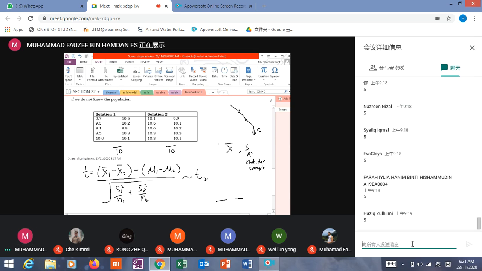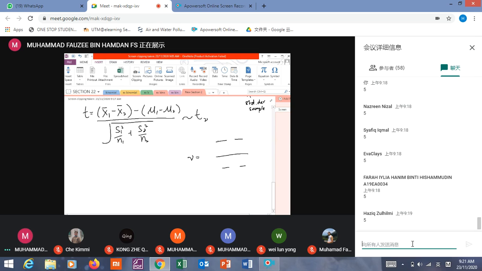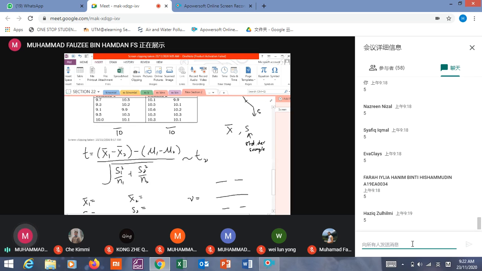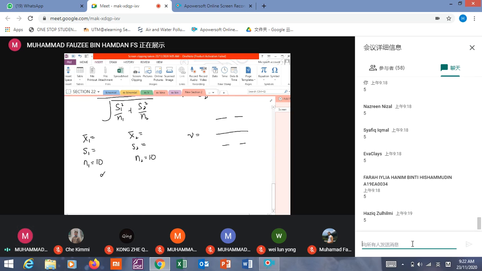Now I give you time to find these values: x bar 1, s1, x bar 2, s2. n1 is equal to 10, n2 is equal to 10. What about the rest of the information? 95%, so alpha is equal to 0.05. Find this value.